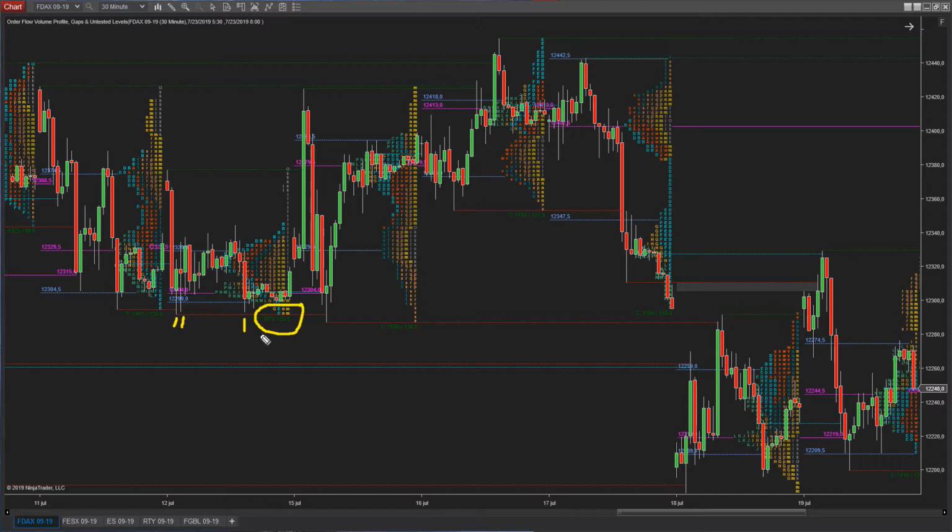On top of that, this was not only a poor low, but also a weak one, because this is the prior day's low. And as you can see, there is very little difference between these two levels here. So that's both a poor and a weak low, in fact.